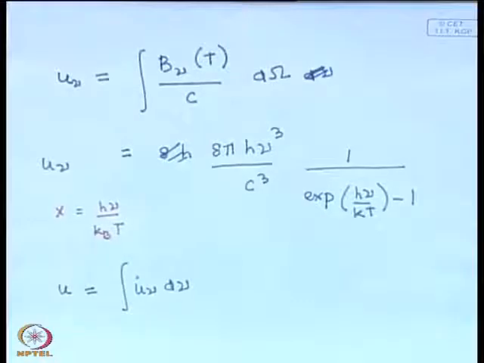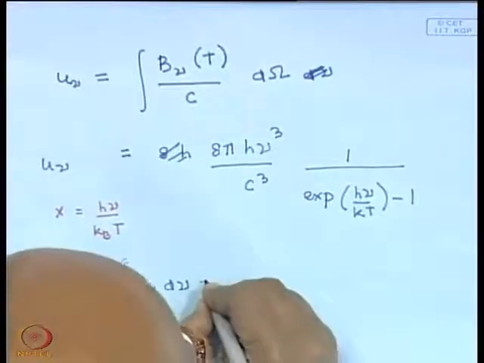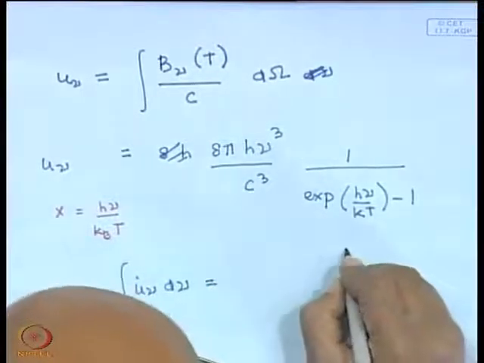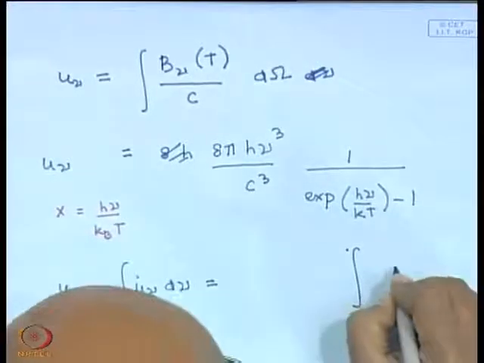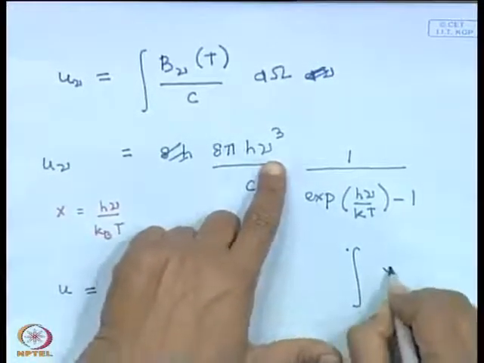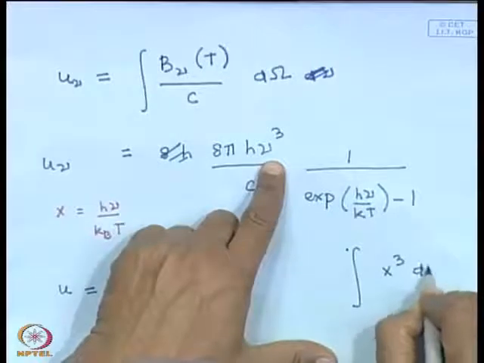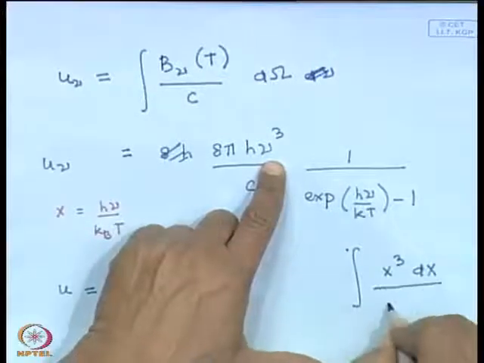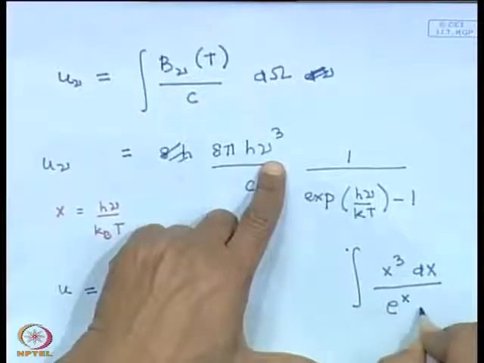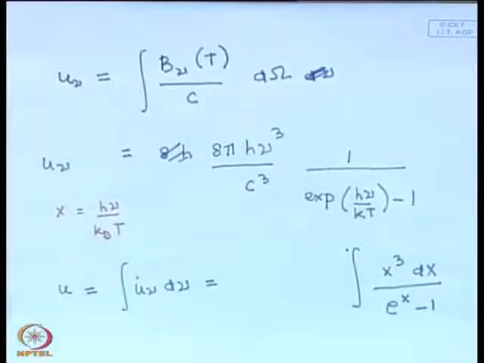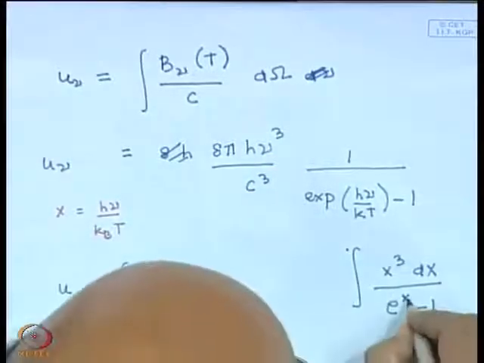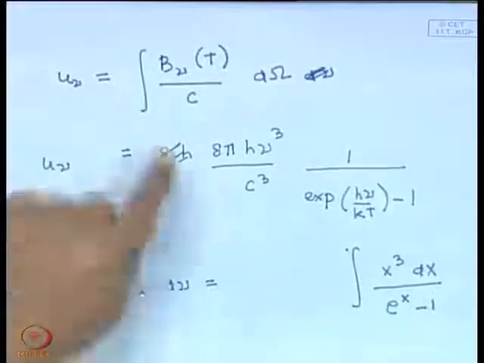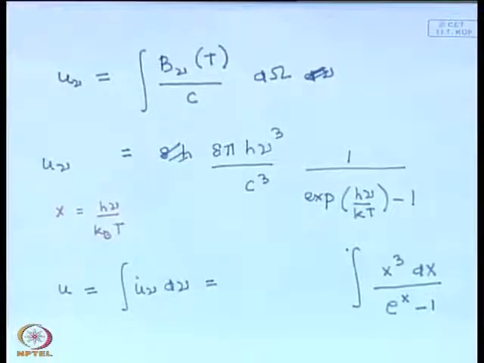If you do that, then this integral becomes, so the quantity that is integrated is x cube dx over e to the power x minus 1, right, that is what is to be integrated, and the rest are just constants outside. So let me write down those constants.